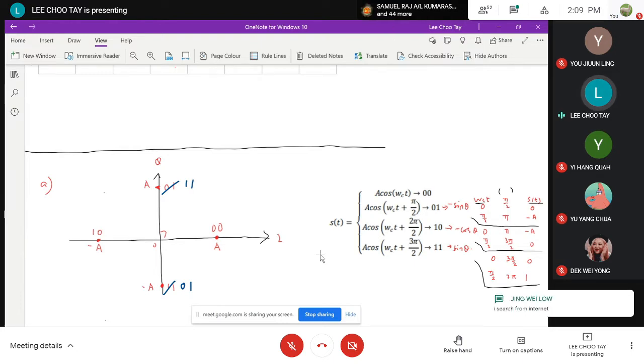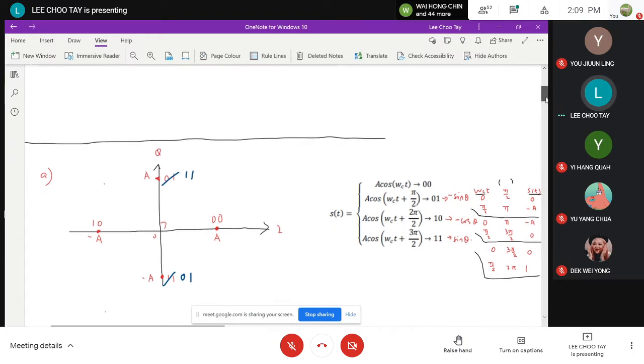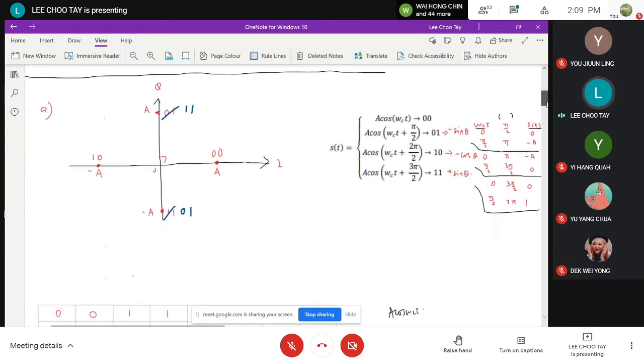Basically, in short, if you see a plus pi over 2, plus is in this direction, negative is in this direction. That is where I made a mistake. Shall we continue with this tutorial and then question 4?